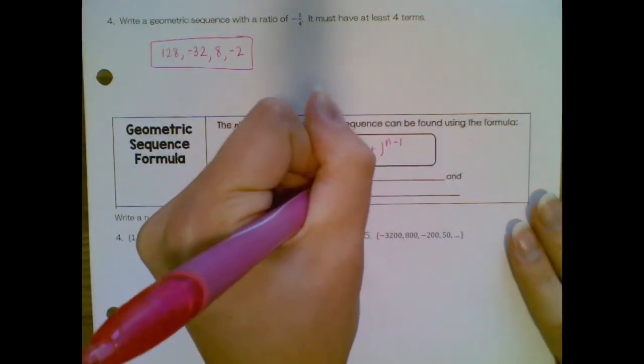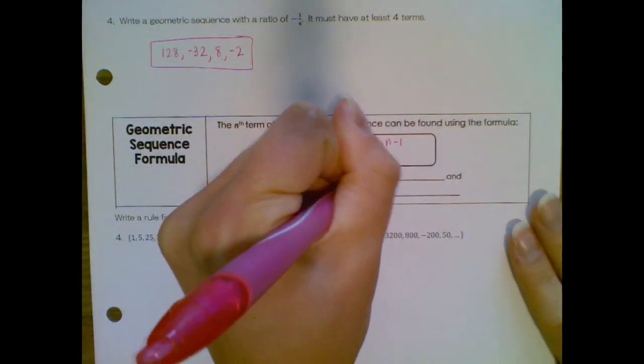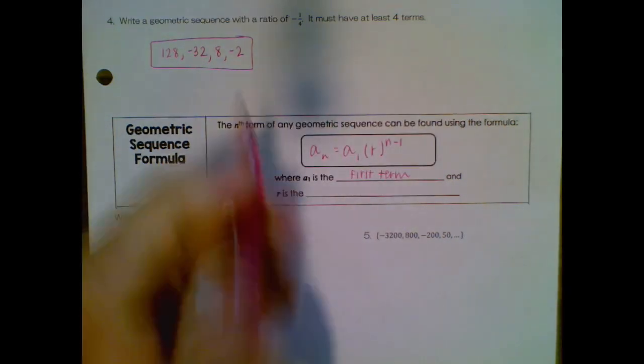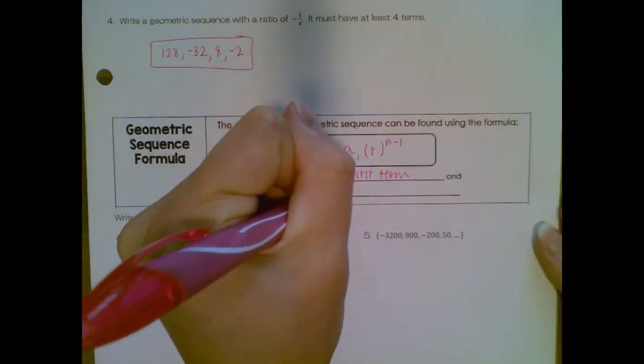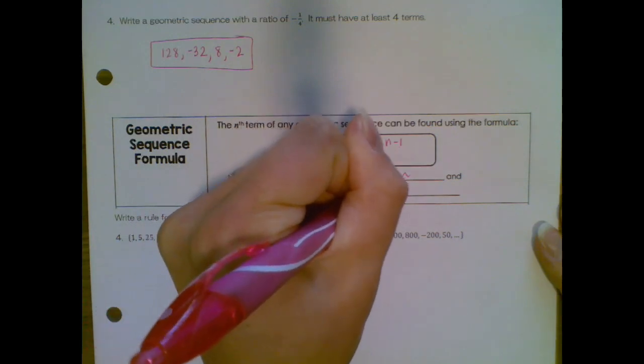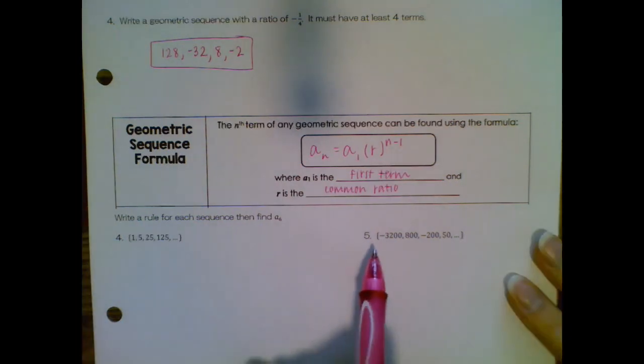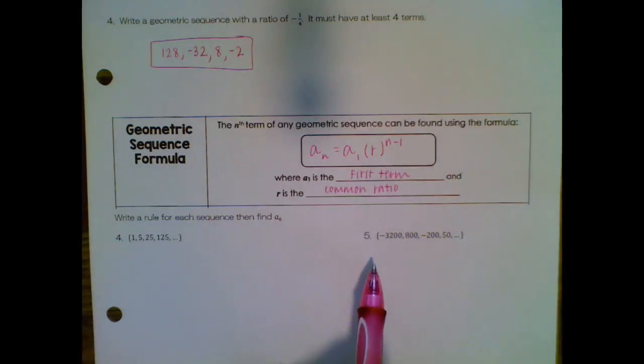A sub 1 is the first term, like always. And r is the common ratio, like we have already discussed. And remember, n is just whatever term you're looking for, the term number, okay?